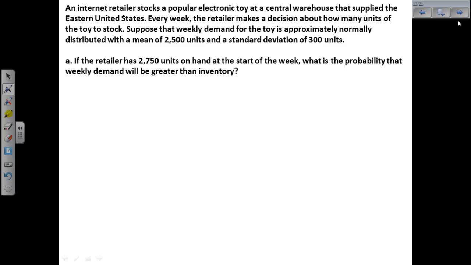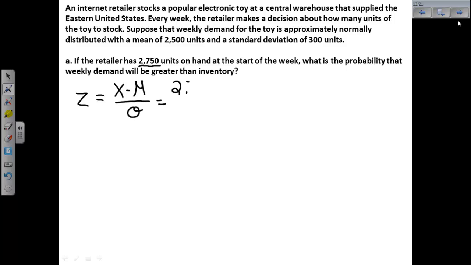So if the retailer has 2,750 units on hand at the start of the week, then what's the probability that the weekly demand will be greater than the inventory? The inventory in this case, 2,750, is the X that we care about. Remember, in order to find probabilities associated with X values, we first have to find the Z-score. So let's calculate the Z-score using X minus the mean divided by standard deviation.